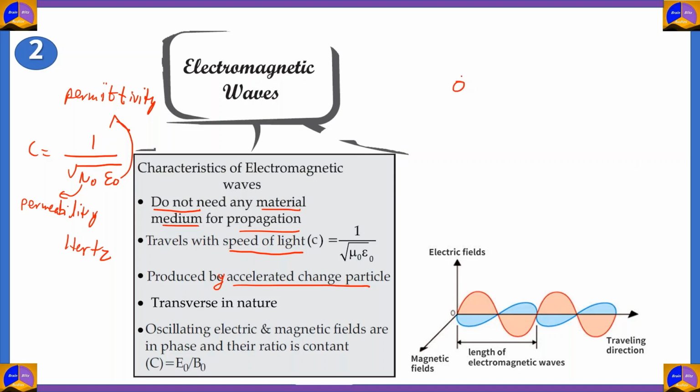This particle here is oscillating between points A and B. So it's moving from A and it's coming back to B, and it's doing that motion over and over again. So this is a charged particle that is undergoing oscillatory motion.